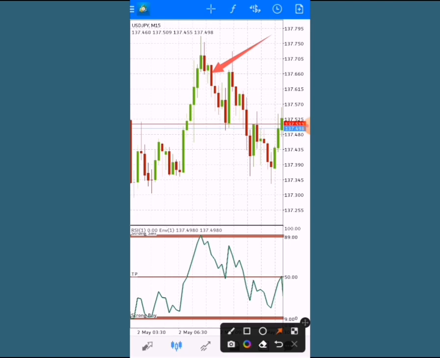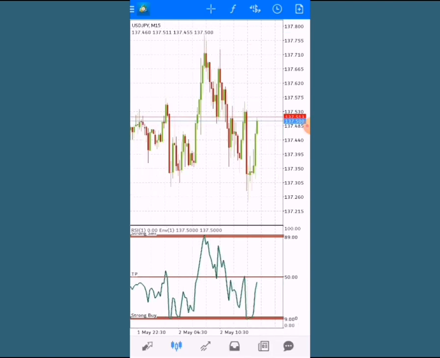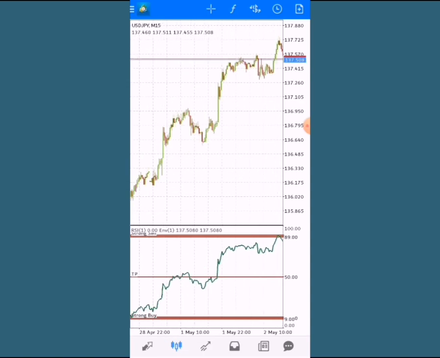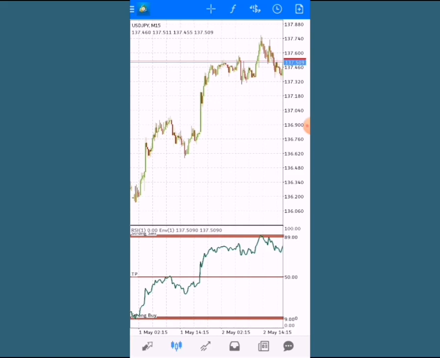Okay, I'm not sure if there's another one. You can take a close look. Yes, there was another one right there, the red one. It is engulfing the previous candle, which is green. It's a bearish engulfing candle. So anywhere at that point, you could have had a sell right after price touched the 99 level right here on the RSI.